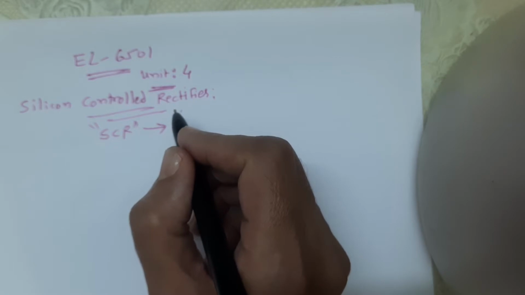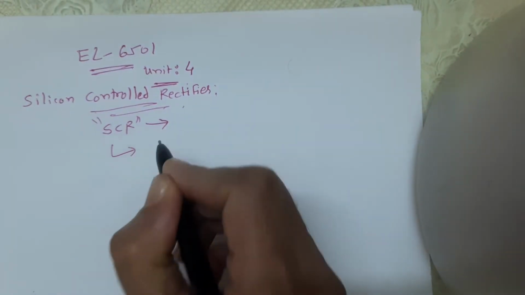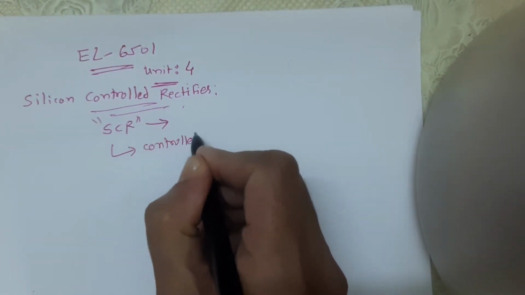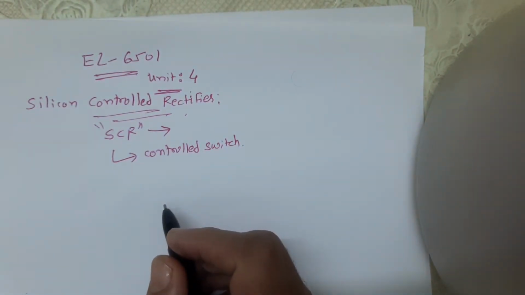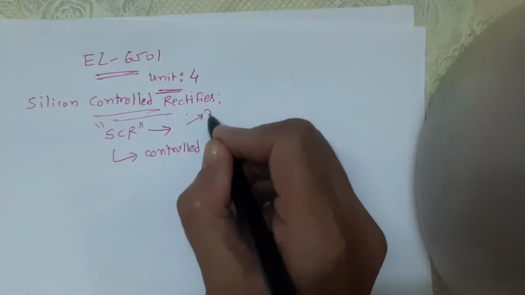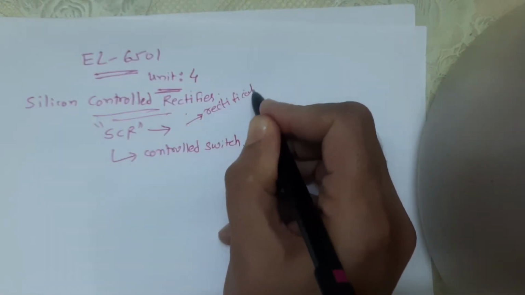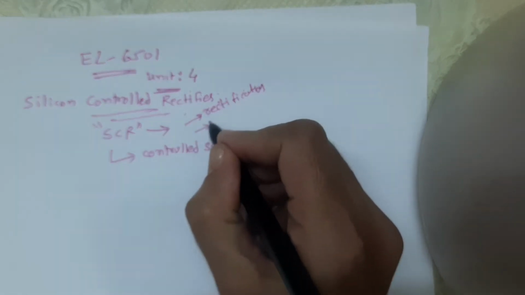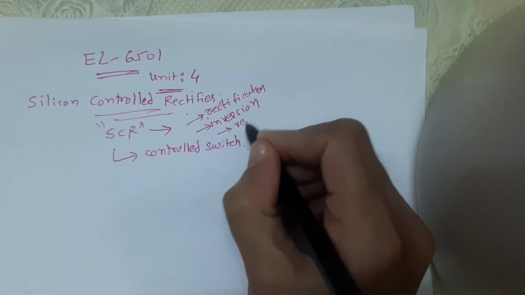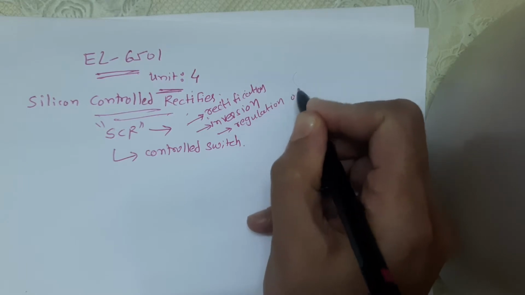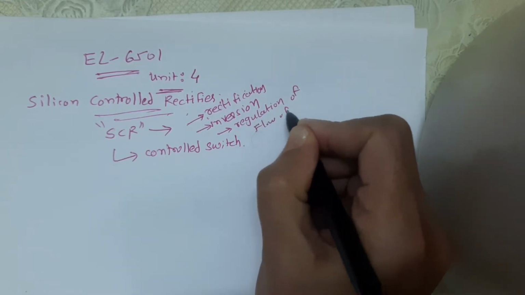In 1957, the SCR was invented and it is used as a controlled switch to perform various functions such as rectification, inversion and regulation of the power flow.